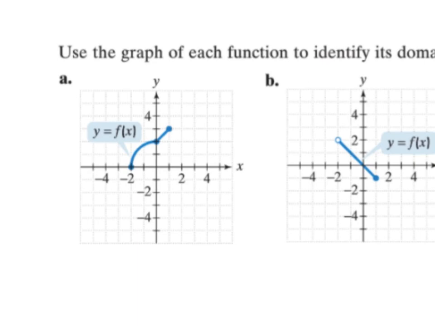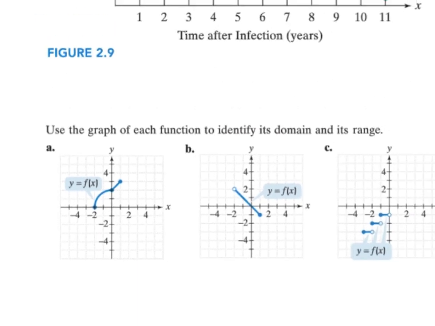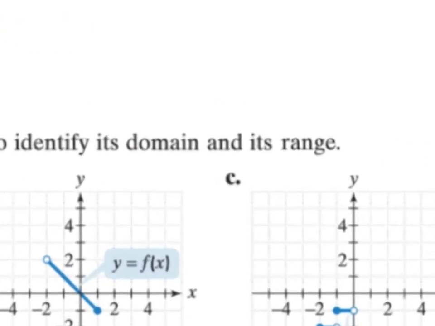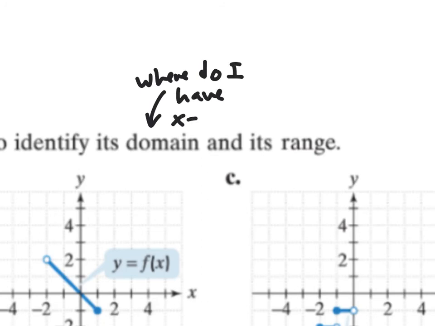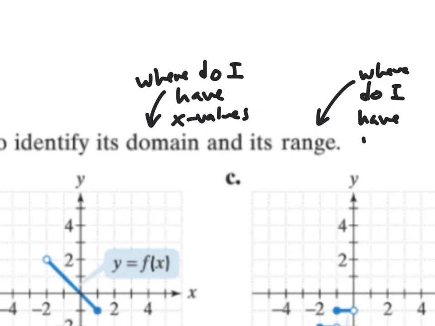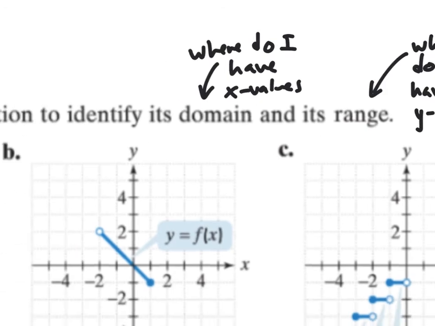Now, when I'm identifying domain and range, I'm asking the question for domain, where do I have x values? When I'm talking about my range, I'm asking where do I have y values? So I'm going to go through these, and we're going to talk about this.